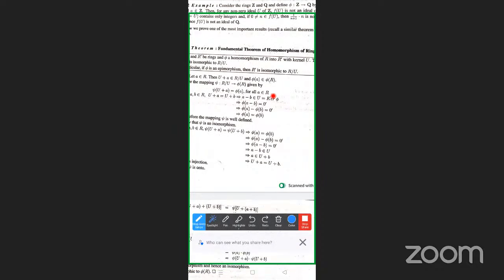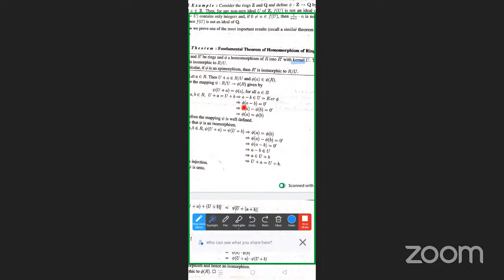U plus a equals U plus b implies a minus b belongs to U. U is defined as kernel π, so a minus b belongs to U equals kernel π. Kernel π means the image of that element should be equal to 0.